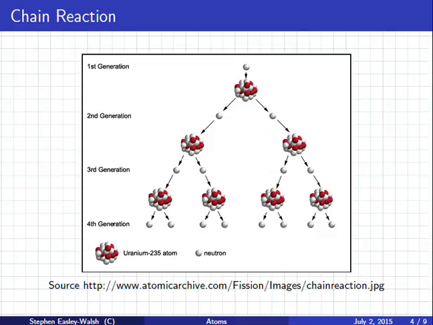The idea is the uranium breaks and releases 2 or 3 neutrons, and then these neutrons hit more uranium and they break and release more neutrons, and then these neutrons hit more uranium. You see what's happening here? A chain reaction, yeah. Each time the neutrons are released, they split more uranium. And this is called a chain reaction.